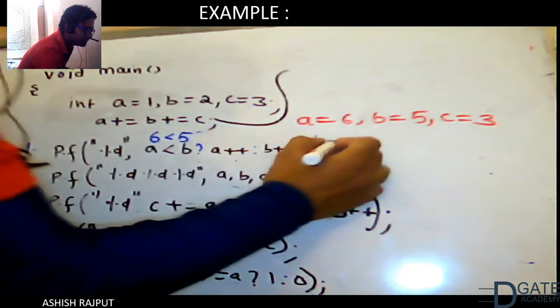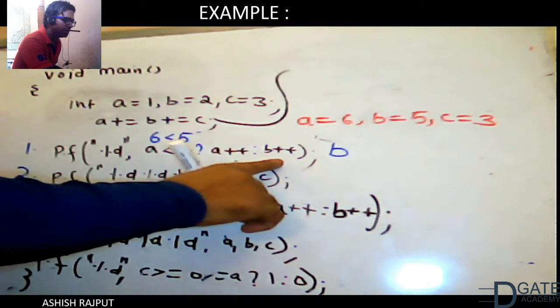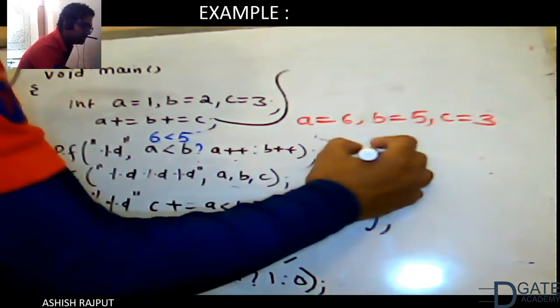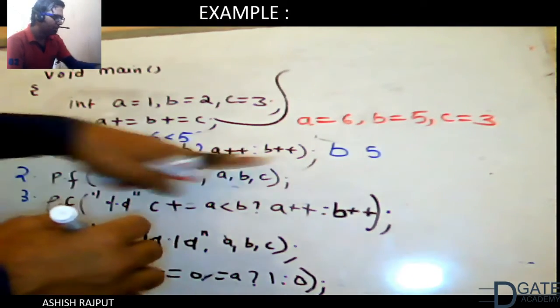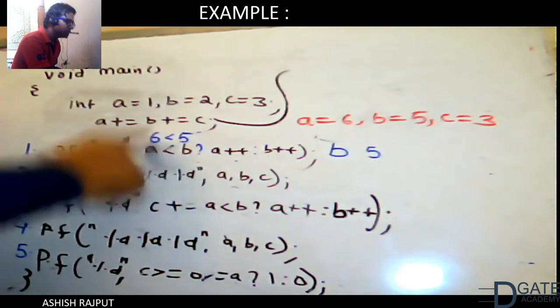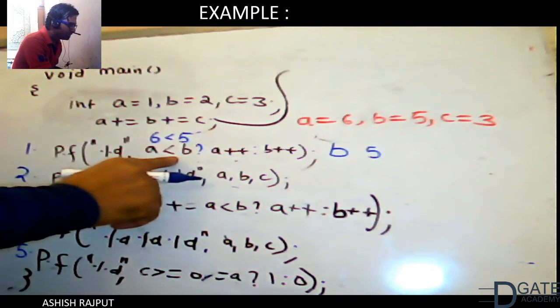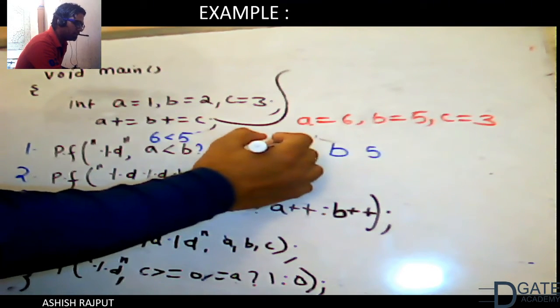So what is the answer? b, because this is the post increment. So what is b? b is equal to 5. So after this first printf, 5 will be printed. 6 less than 5, this is the ternary operator. This condition is false. False means it goes to expression 2, and this is b.